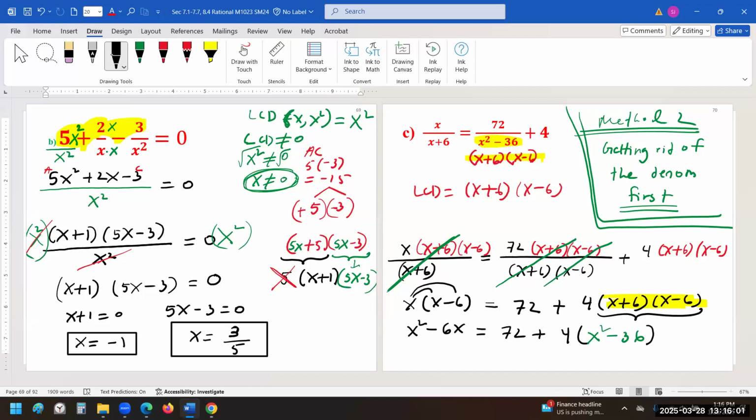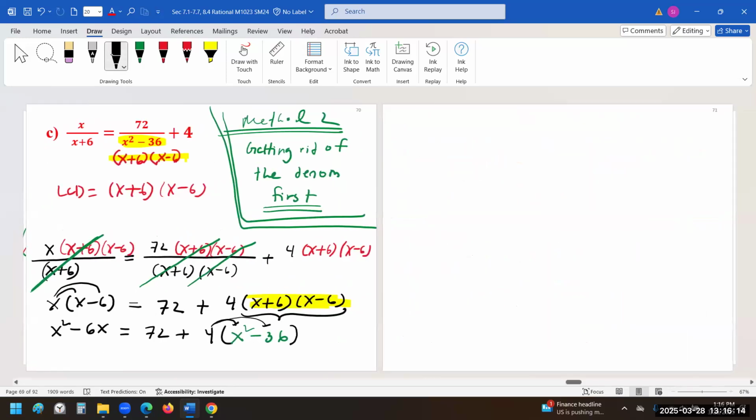Just see why you got the x plus 6, minus 6. Because we factored that. That means when we multiply the x plus 6 and x minus 6, you're supposed to get the same factor back. And then you distribute 4 times this, 4 times that. So we get x squared minus 6x equals 72 plus 4x squared minus 36 times 4, 144.